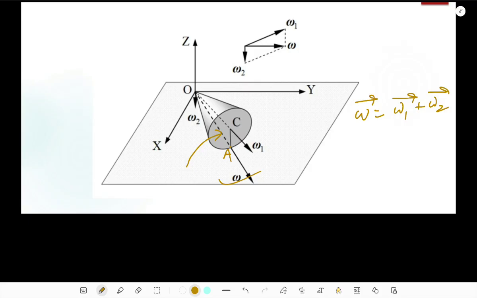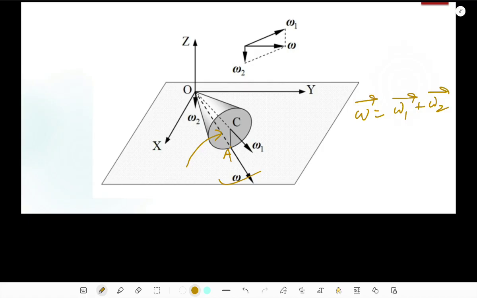So I got it. The velocity of the center of this cone can be written in terms of its total angular velocity, orbital angular velocity, or spin angular velocity.